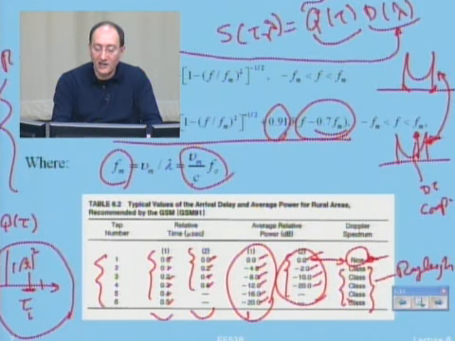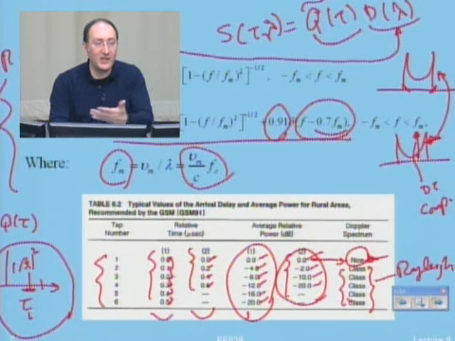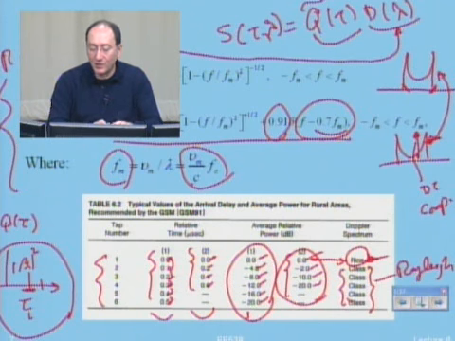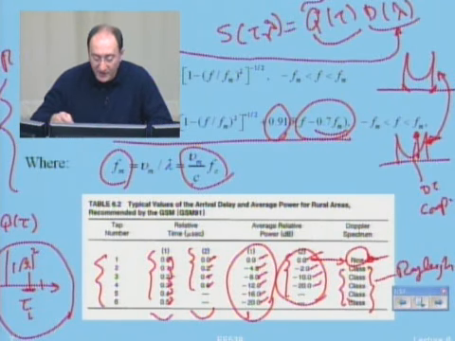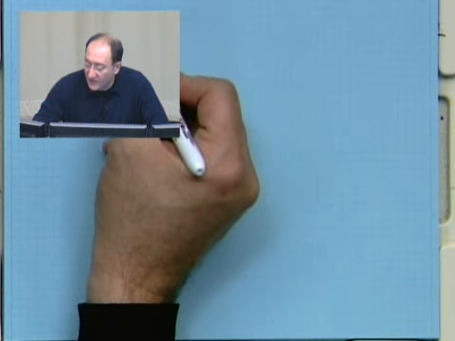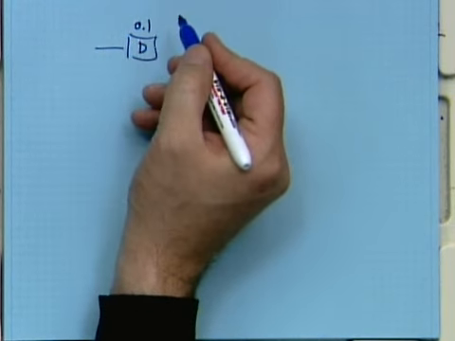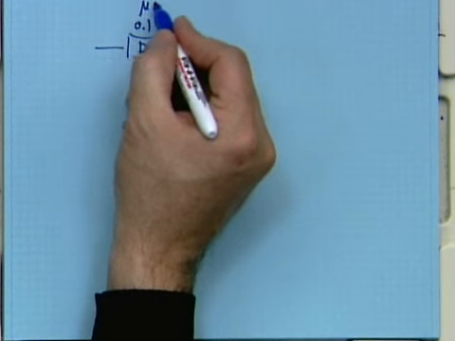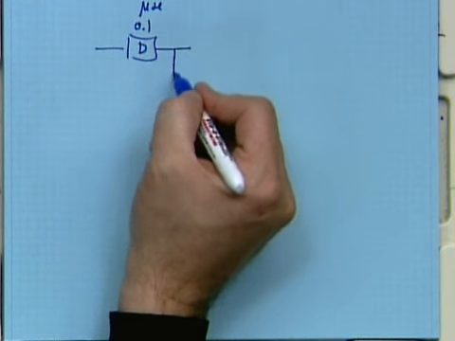So how many delay lines do I need? I need one at point 1, the second one point 2, point 3, point 4, point 5. So I have a tap delay line with 5 taps. Okay, so the signal comes in and goes into a delay equivalent to 0.1 microsecond, and then I have my first tap.